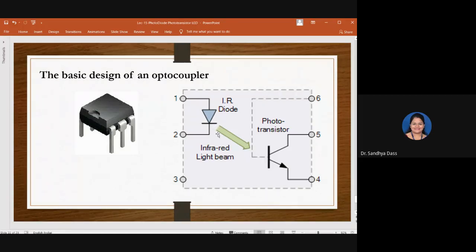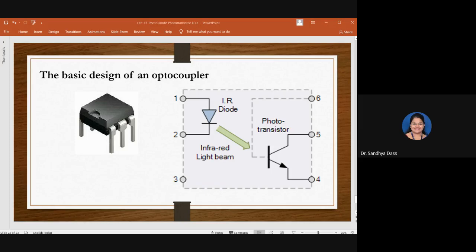But the light emitted will fall on the base of the transistor as shown here, or you can imagine the photodiode as well, and that will eventually give the appropriate output depending on the light emitted. So there is no actual electrical contact between the LED and the photosensitive device, and that provides the electrical isolation.